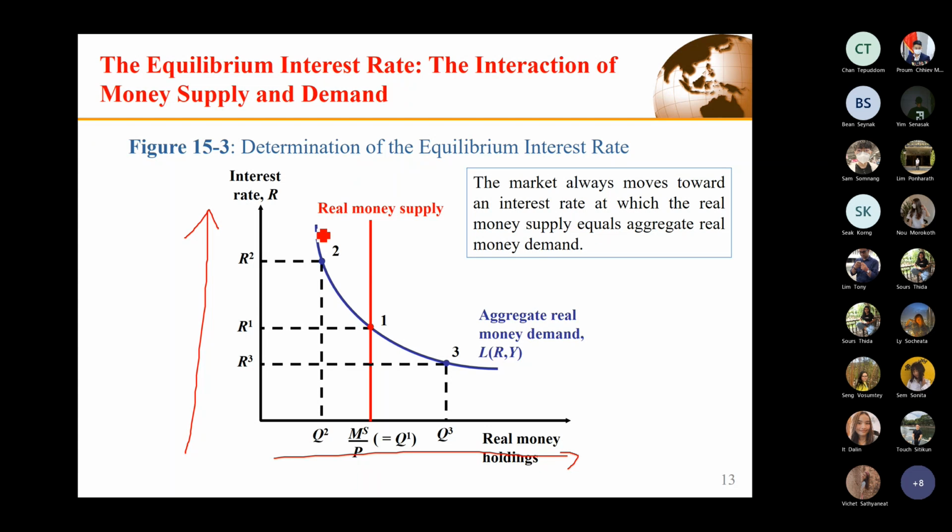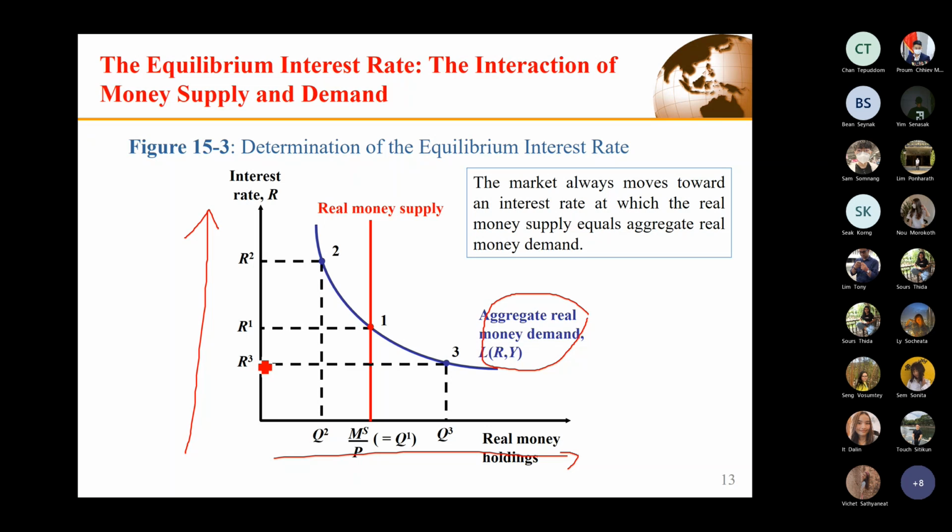Okay, and we have the real demand for money, which is a downward sloping or negative slope line, suggesting that whenever the interest rate is lower, the real demand for money increases. In other words, people prefer to keep more cash at hand so that they can spend very easily.